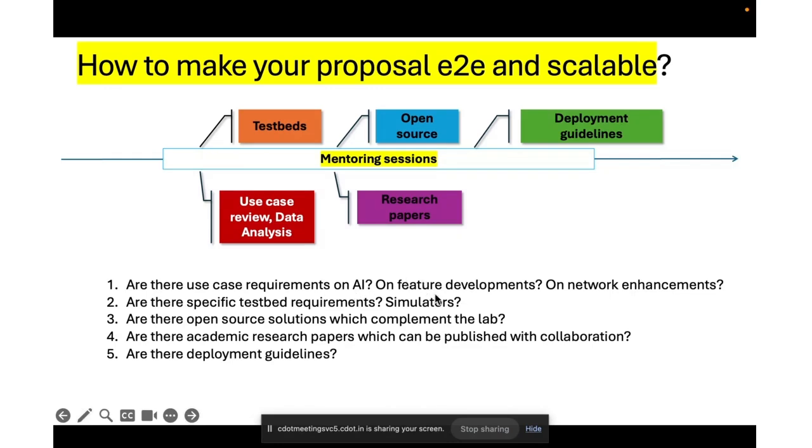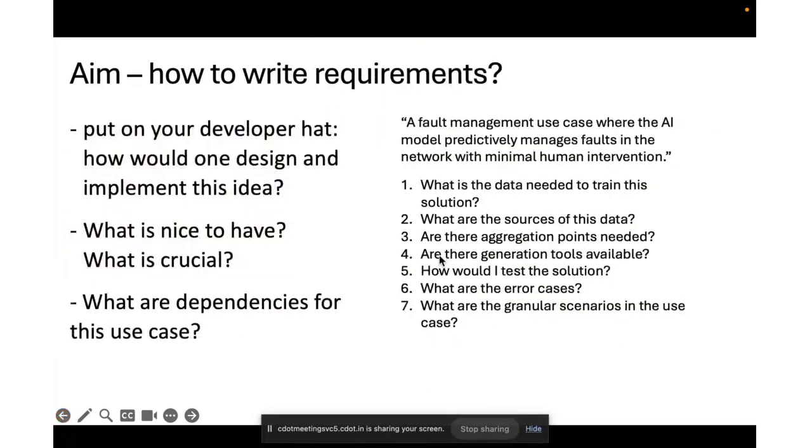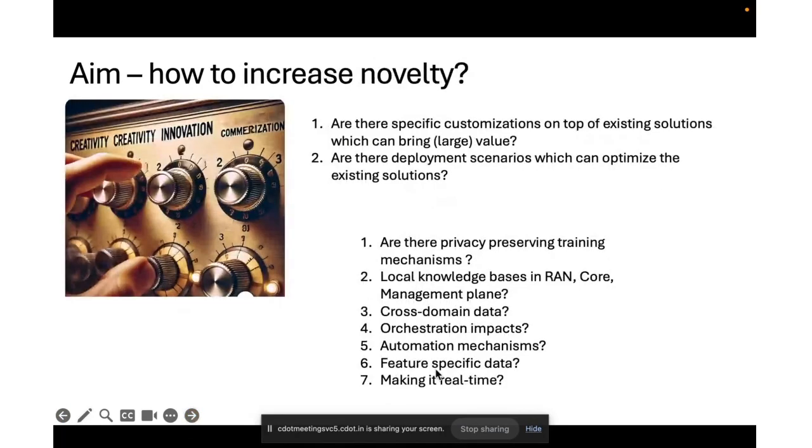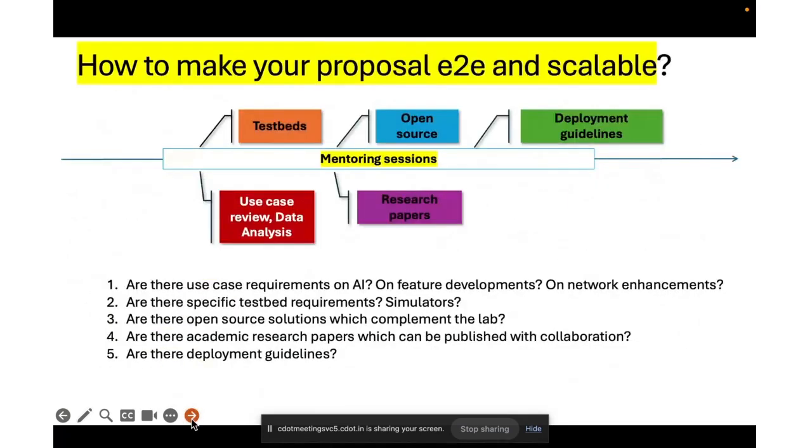But on the feature side, for example, today we discussed this fault management use case. We looked at the different aspects of that. We looked at tool sets which can build you such features and simulate such features also. So these feature specific requirements are another part, and then there are hooks and APIs required.